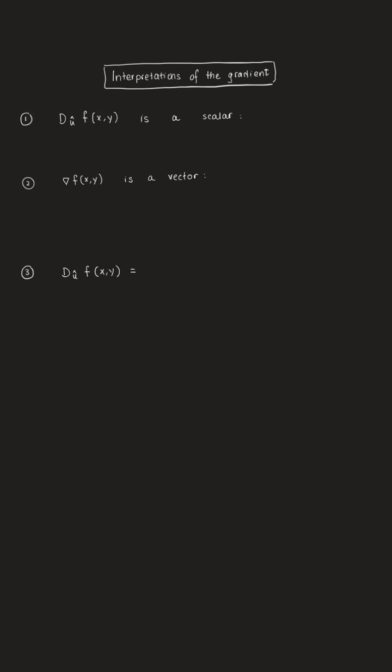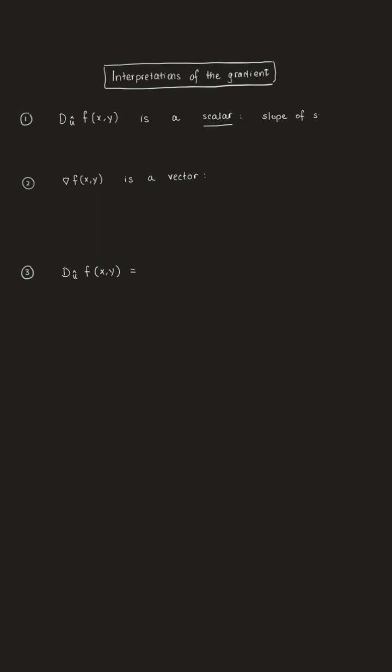In this video, we're going to try to understand the gradient a little bit better, as well as its relationship to the directional derivative. So just a few notes first. We know the directional derivative is a scalar. The directional derivative of a function in the direction of our unit vector u gives us the slope of the surface, or of the tangent line, at a point on the surface.